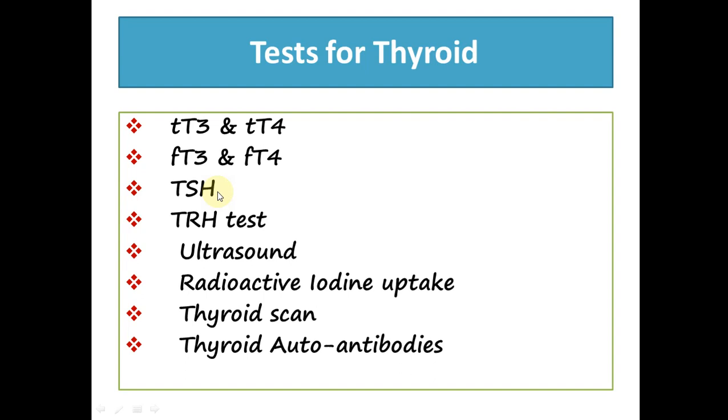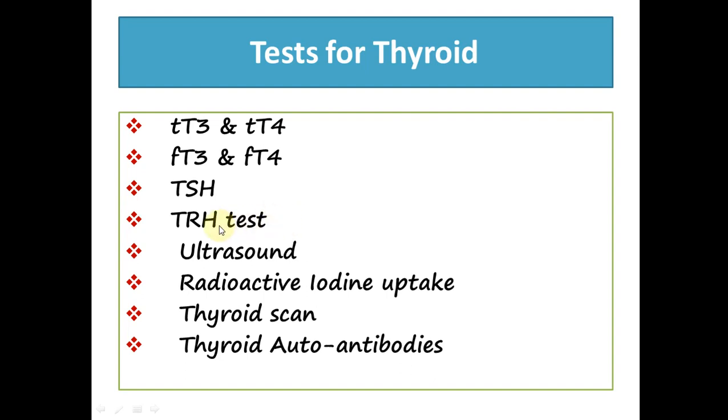Thyroid stimulating hormone will be increased in hypothyroidism and it will be decreased in hyperthyroidism. The thyrotropin releasing hormone test is done basically to differentiate between the hypothalamic and pituitary disorders.